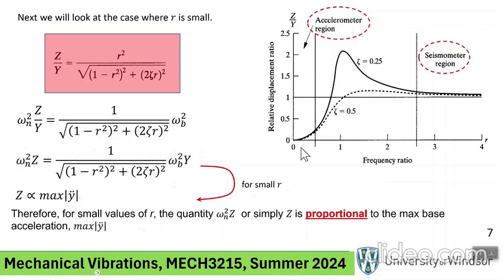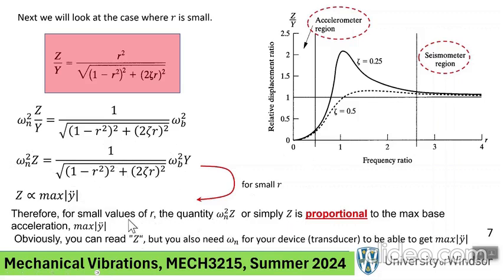Because notice that when R is small, this is almost 1. All this thing is almost 1 for our small values. Okay?